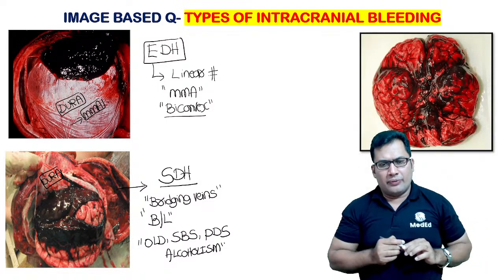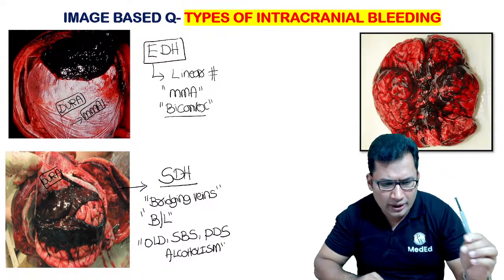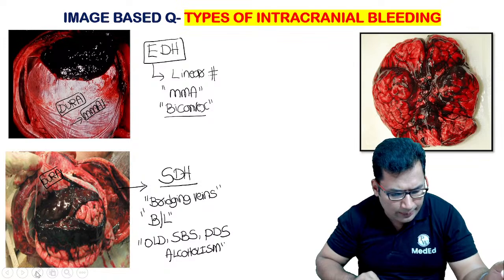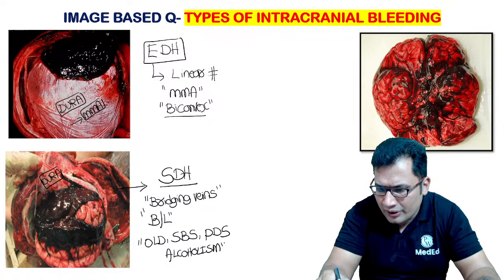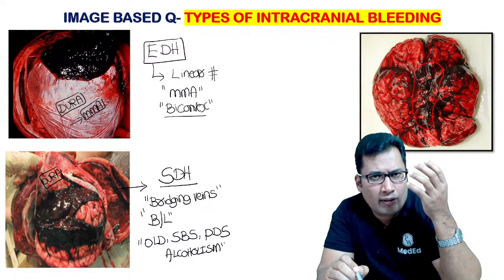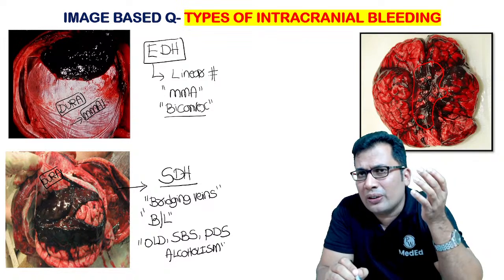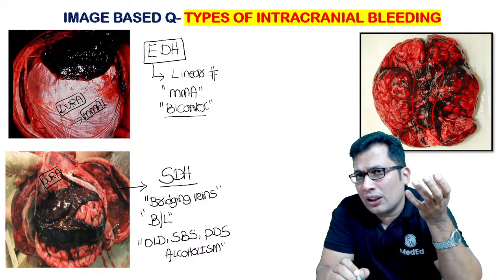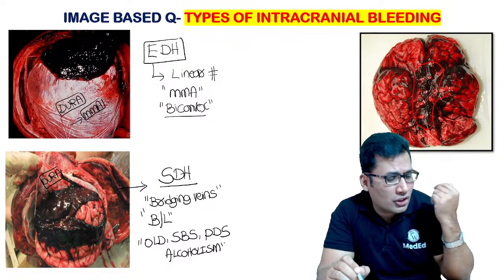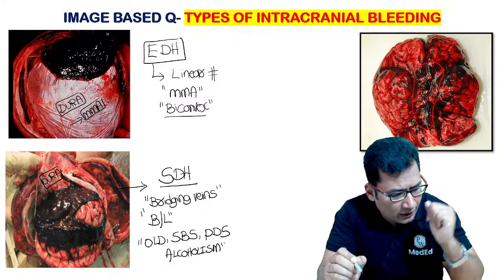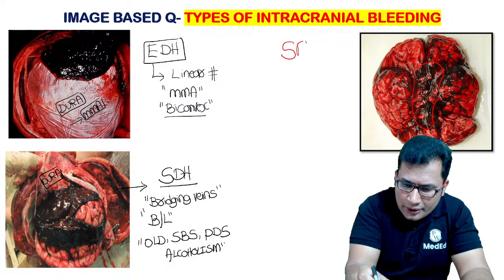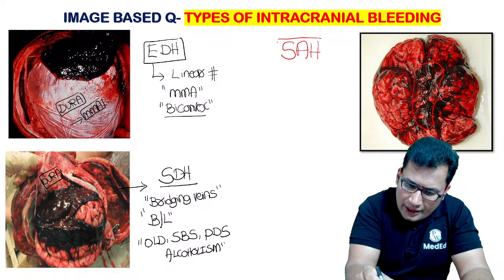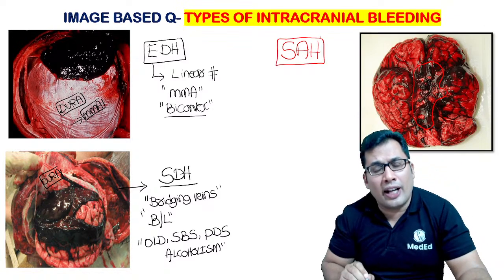Next, look at this. Anyone identify this hemorrhage? So this is the base of the brain, where you can see the circle of Willis and a large hematoma at the base of the brain. What must it be? This must be SAH, subarachnoid hemorrhage.